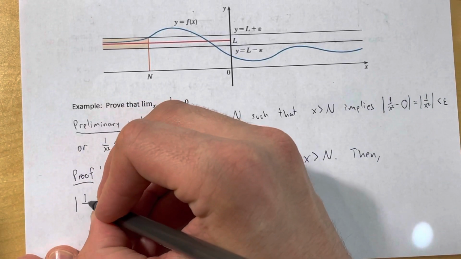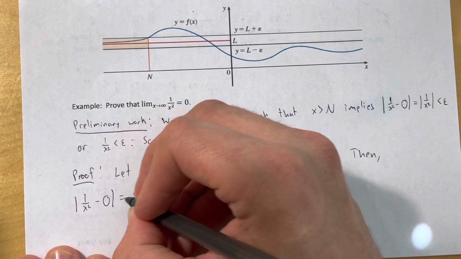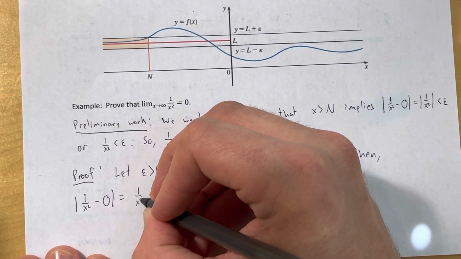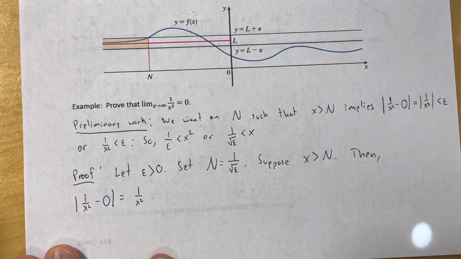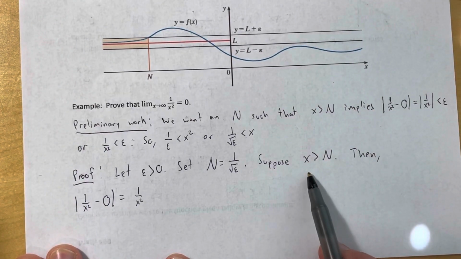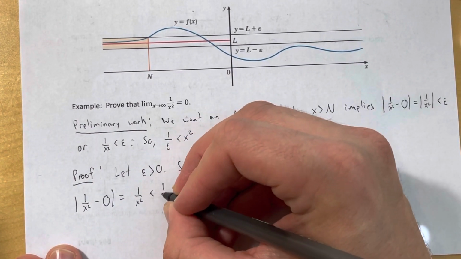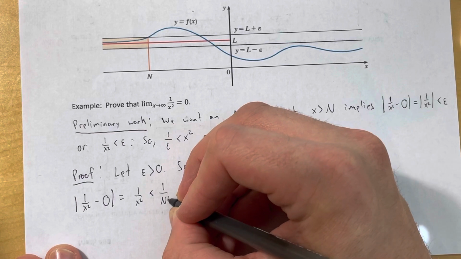The absolute value of 1 over x squared minus 0, which is equal to just 1 over x squared, okay, is going to be less than 1 over n squared.